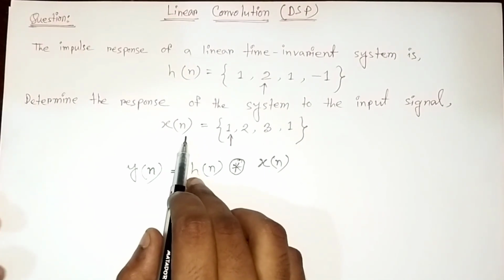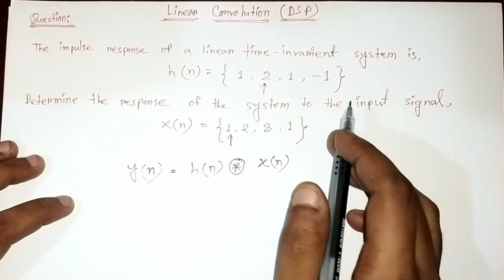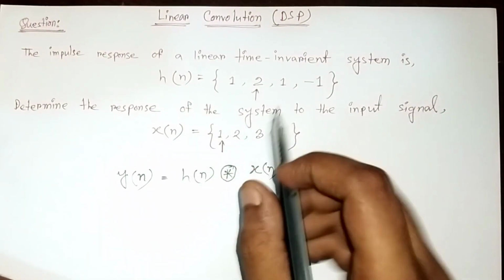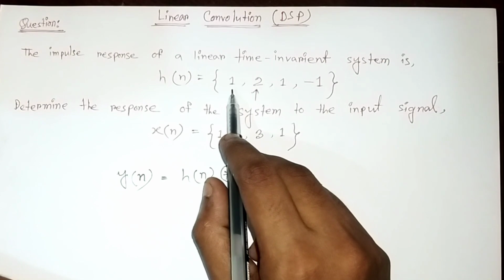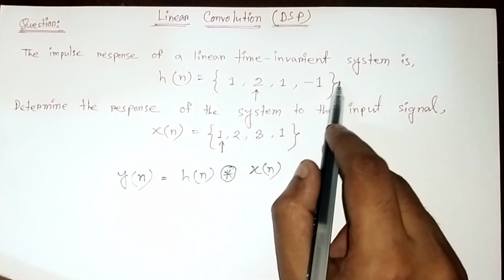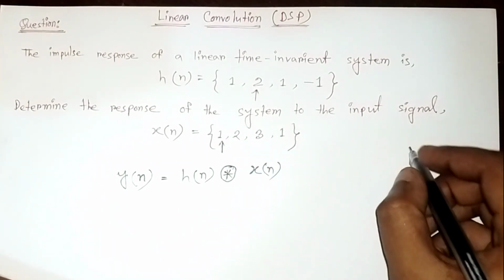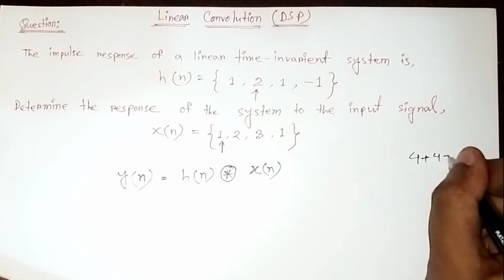So first we have to find the number of elements in the output. The number of elements is very easy. We have to add up the number of components in the impulse sequence, that is 1, 2, 3, 4, and the input sequence, that is also 1, 2, 3, 4, minus 1. So 4 plus 4 minus 1.